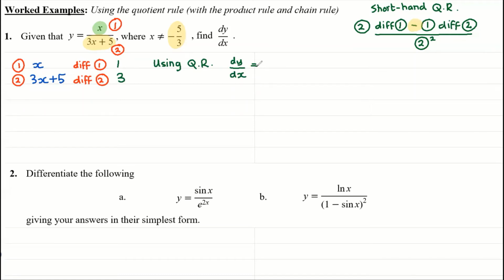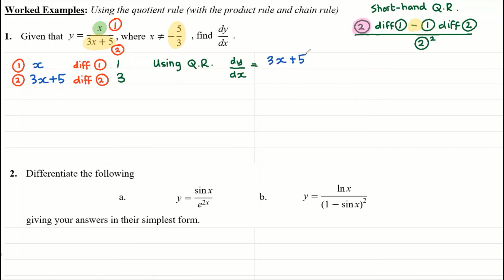So we have, first of all, just going through the process, we have the derivative, sorry, that's the wrong one. We have the function 2, first of all. So I'll just use a better color for that. So the function 2, let's put that in first. I think I didn't draw my line long enough there. That's probably why I missed that off. Okay, so function 2, let's put that in. So that's 3x plus 5.